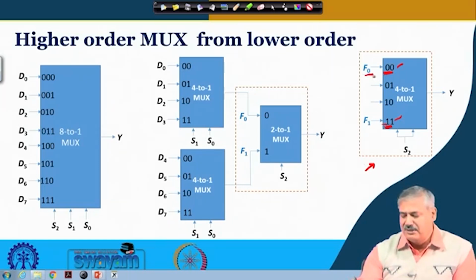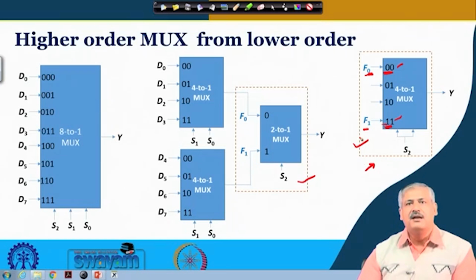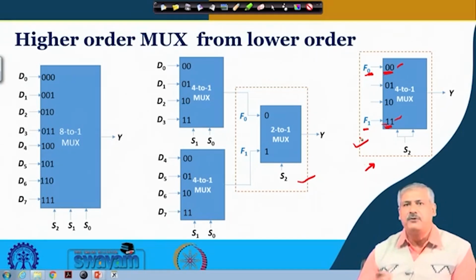So, either this input goes to the output or this input goes to the output. So, this is nothing but 2 to 1 multiplexing, one of these 2 going to the output. Okay. So, we can replace this block with this one, and accordingly we can get the 8 to 1 multiplexer using only 4 to 1 multiplexer. Otherwise, 2 4 to 1 multiplexers and 1 2 to 1 multiplexer is sufficient.